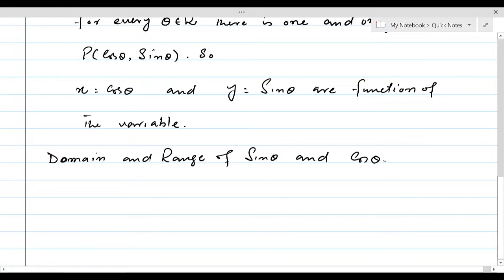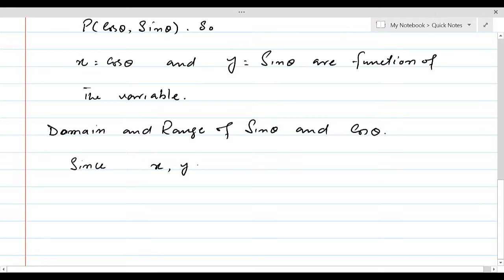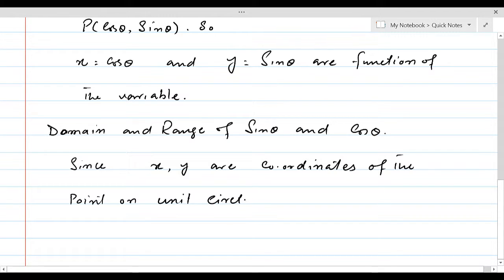Since x and y are coordinates of the point on the unit circle, obviously x and y cannot have any arbitrary values, they cannot leave the unit circle.